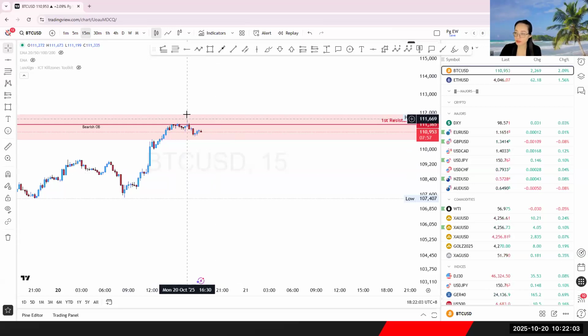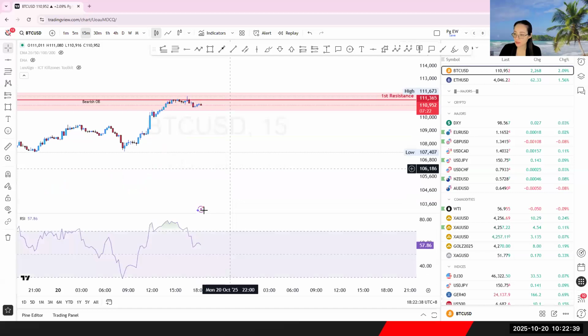Stop loss, you just put above this 112 for the BTC. Just put it above 112, that should be enough, just above this high.